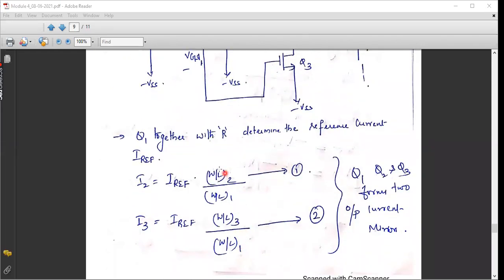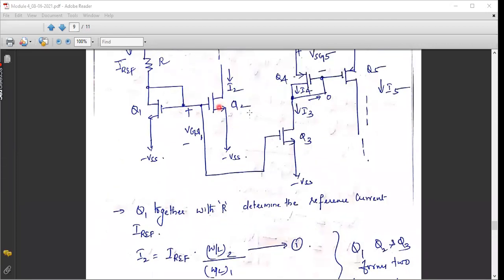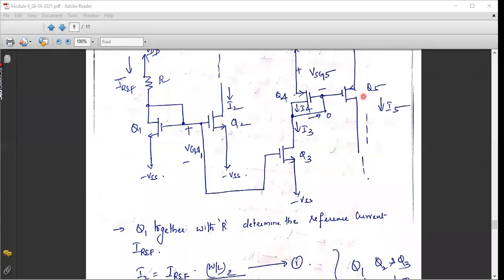So these two are the output currents of two current mirror circuits. Which are the two current mirror circuits, students? One set is formed by Q1 and Q2, and another set is Q1 and Q3, where Q1, Q2, Q3 are N-channel MOSFETs, right? Apart from these three transistors, we have two more transistors called Q4 and Q5.